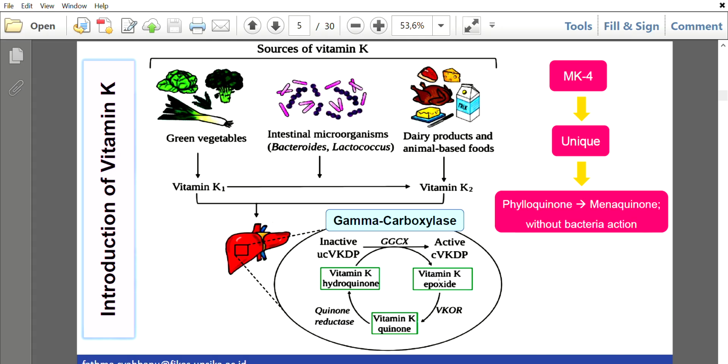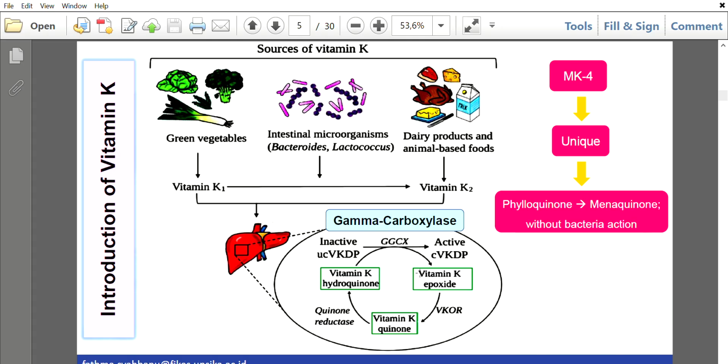It must do its activation via the enzyme vitamin K epoxide reductase, which will convert vitamin K epoxide to vitamin K quinone. We can acquire vitamin K quinone from dietary sources like green leafy vegetables, dairy products and animal-based products.